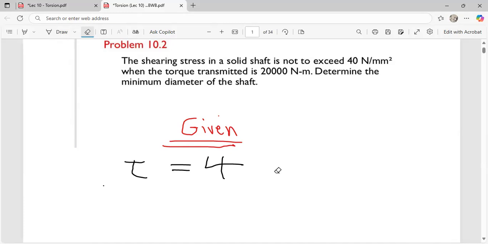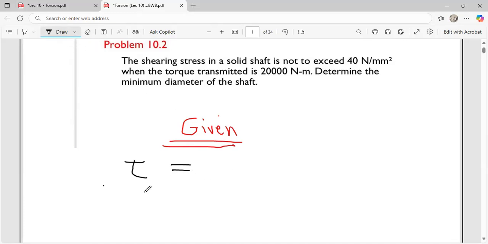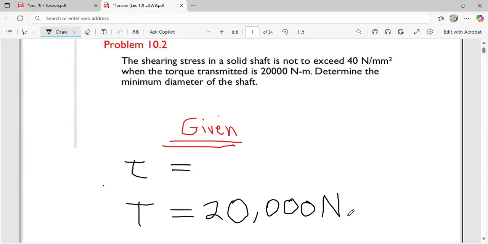So our torque is equal to 20,000 Newton meter, and the shear stress is not to exceed 40 Newton per mm squared.